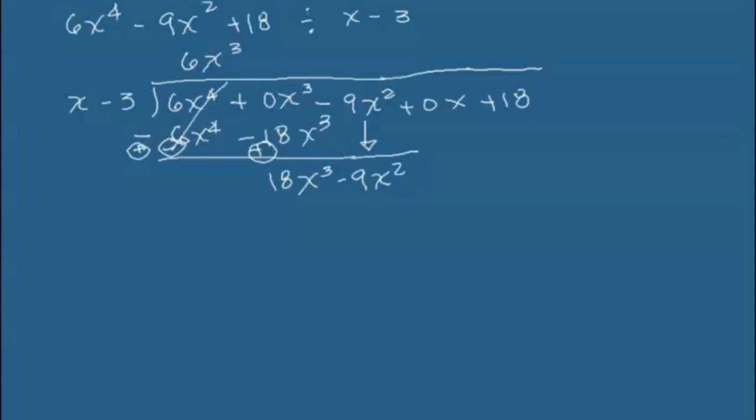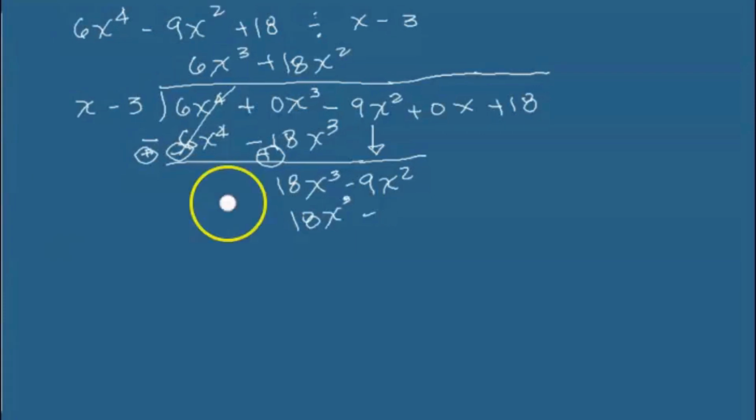18x cubed divided by x is positive 18x squared. And then multiply. 18x squared times x is 18x cubed, and 18x squared times negative 3 is negative 54x squared.